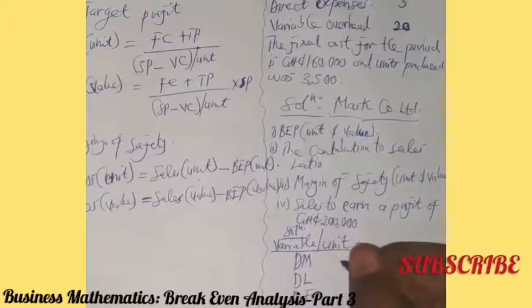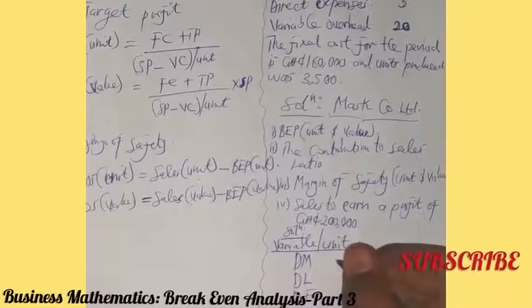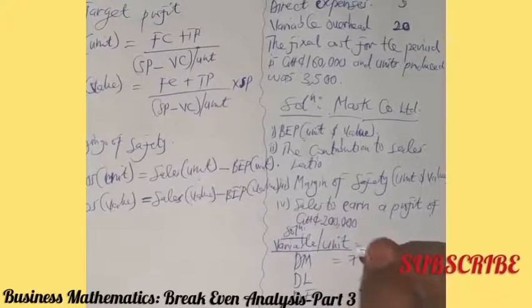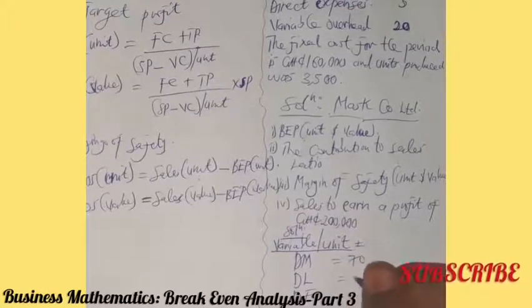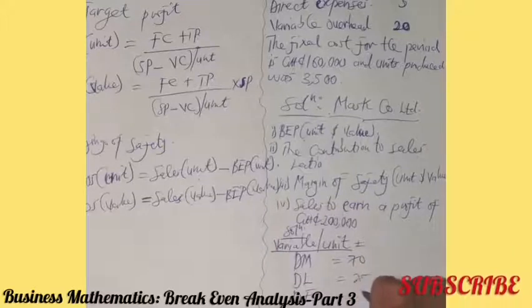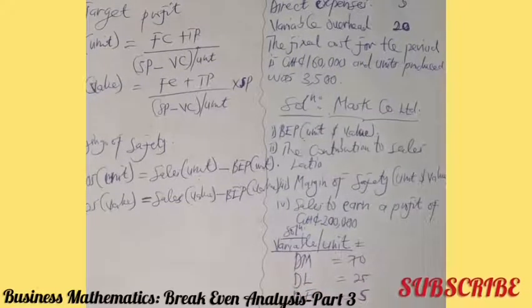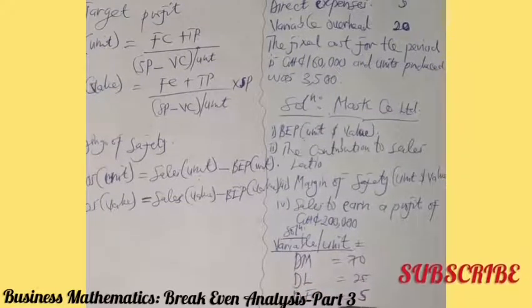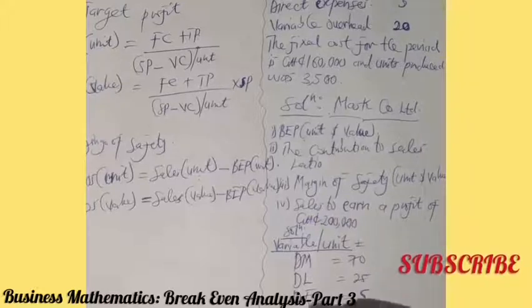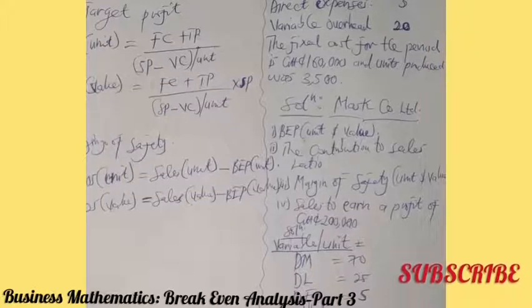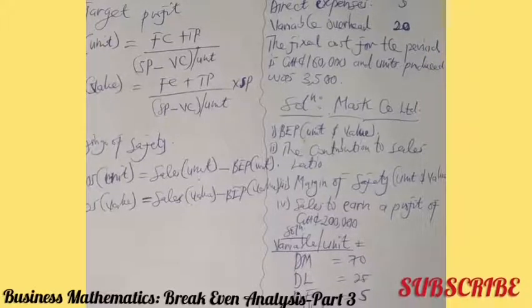Expenses. So direct material is 70, direct labor 25, direct expenses 5. But remember, we have a production overhead, which is a variable overhead of what? 20. It's also part of the variable cost. You need to add it up. You should compute all these 4 items.